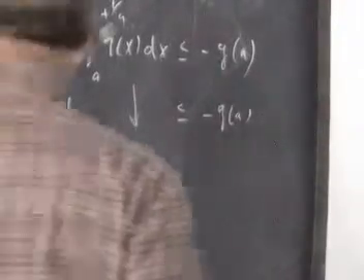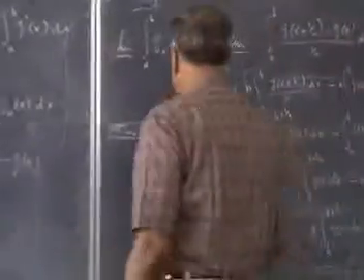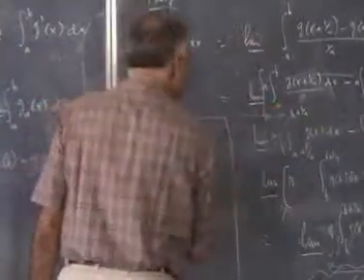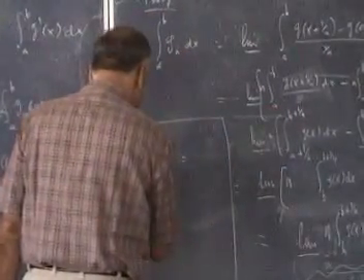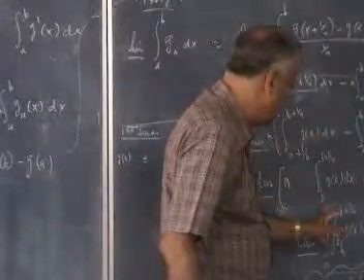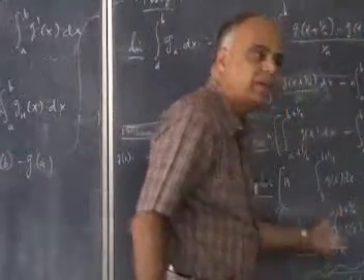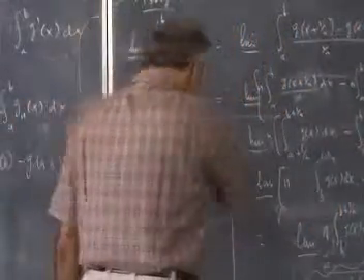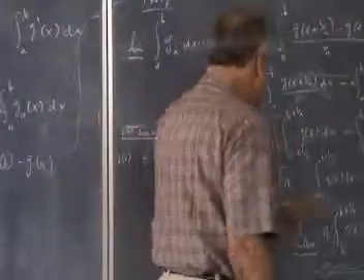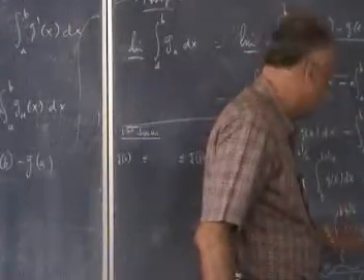The first term, again the same trick. The smallest value is G(B), so G(B) times 1 over n, times n, is G(B). The largest value is G(B plus 1 over n), the highest value on B to B plus 1 over n, times n.